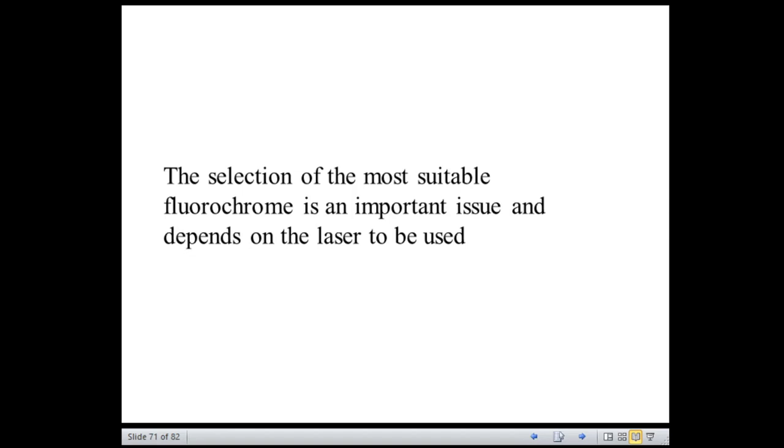So how to overcome these issues? To solve these problems, various FITC derivatives have been developed. We have the commercial derivatives of FITC, that is the Alexa series.